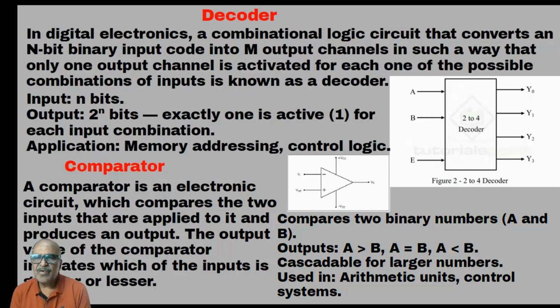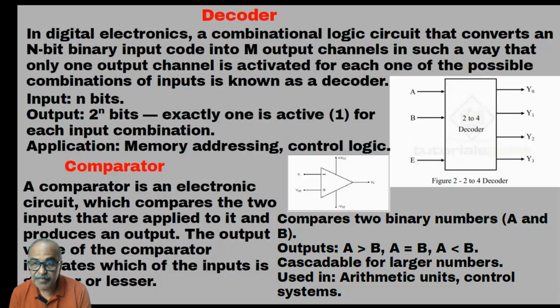So please remember what a decoder is; you should understand this N bit to M and be able to explain it. Input is N bit; output is M bit, exactly one is active, one for each input combination. Applications: memory addressing and control logic, which is approximately the same as what we saw for the multiplexer and demultiplexer.